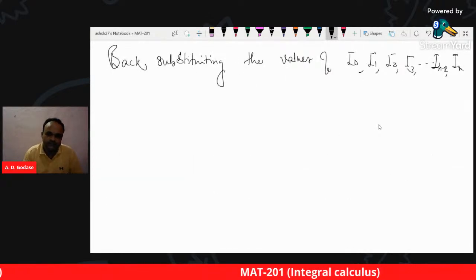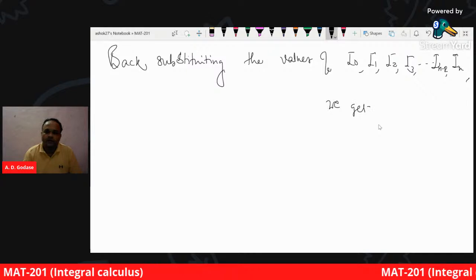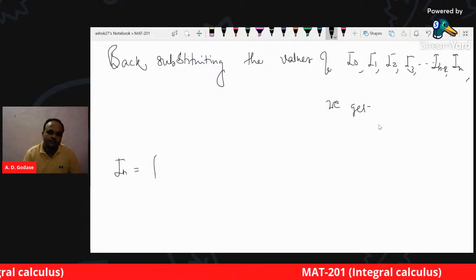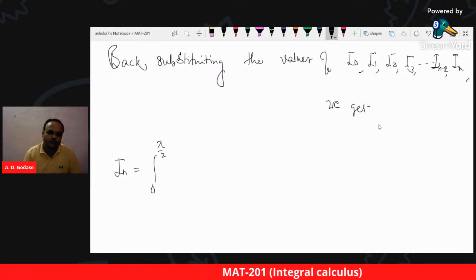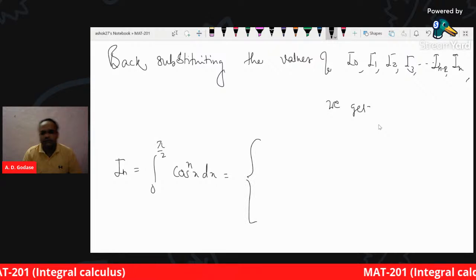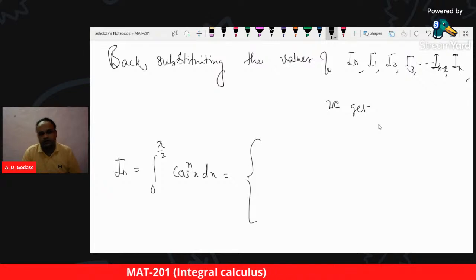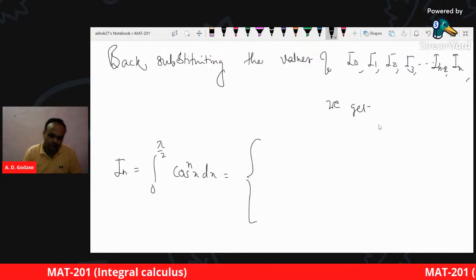In is equal to the integration from 0 to pi by 2 of cos raised to n x dx, and again there will be two cases. If n is an odd integer you'll get one value, and for an even integer you'll get a different value.